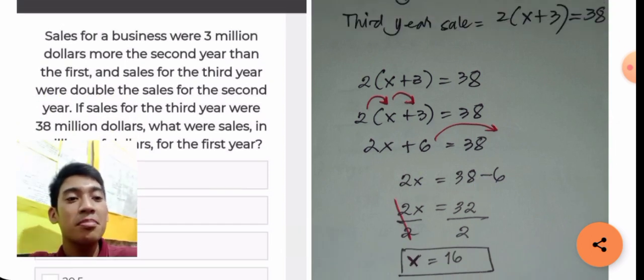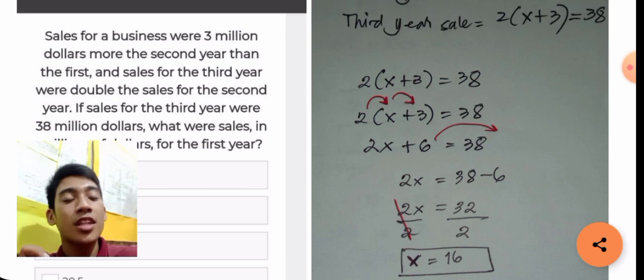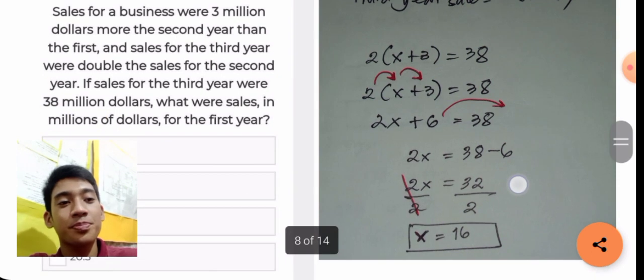Since it is positive 6, it becomes 38 minus 6, which gives us 32.